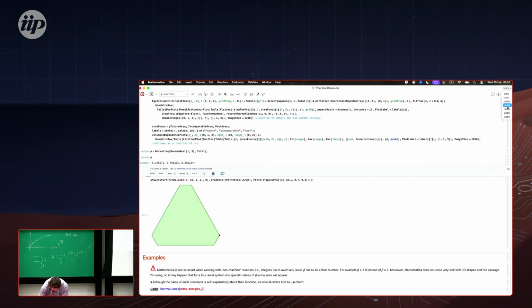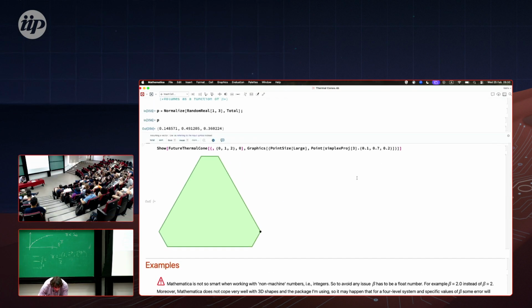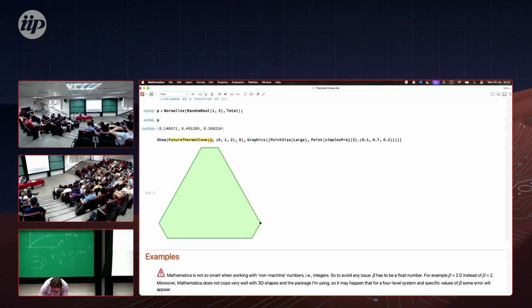Let me increase this, way too big. So here goes my P. Those are the energy levels of my system, and this is the temperature.